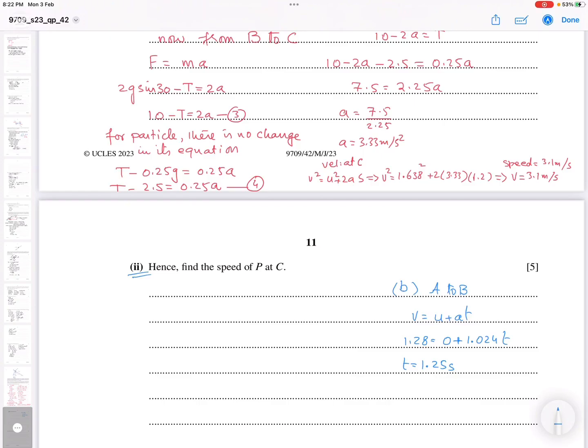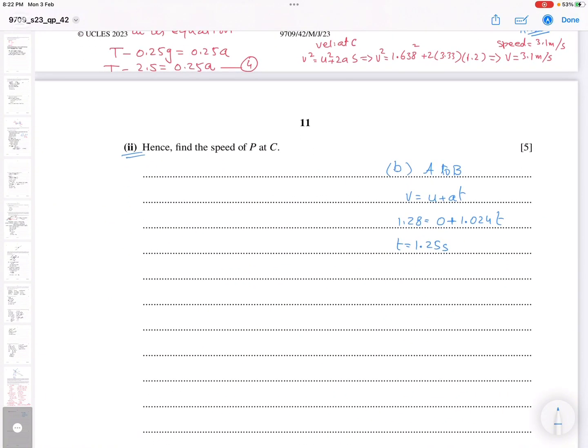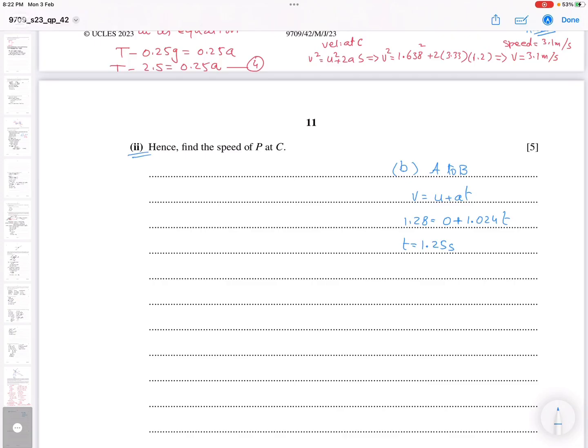So that part was, our answer was here. Okay, now from B to C, again I'm using v is equal to u plus at. My v is 3.1046 equals my initial velocity here 1.28 plus acceleration 3.33 and my t is t.